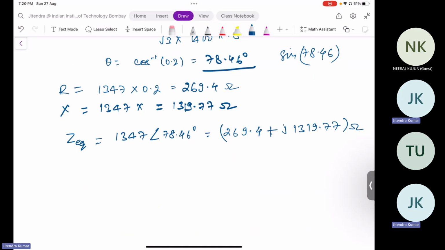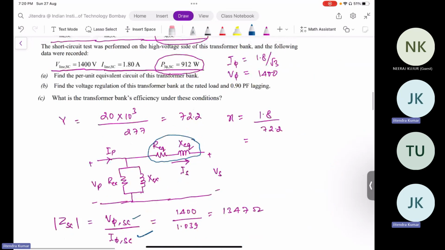Now these are very high values, and we already decided that we have to draw, as also asked in the question, the per unit equivalent circuit.